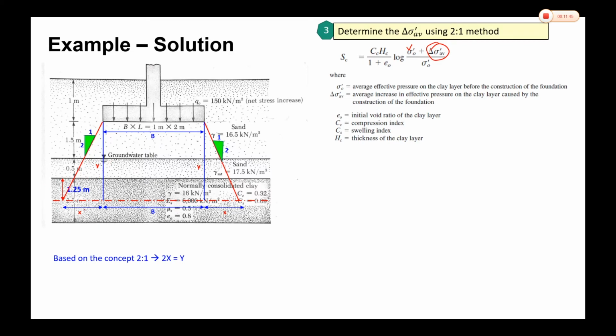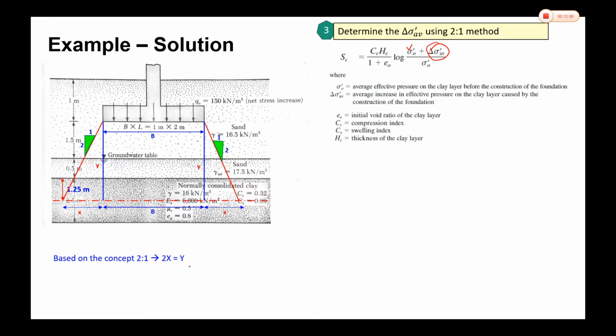Because this is X, the length of the vertical line here is 2 times X. So the length of the Y here is 2 times the X here.